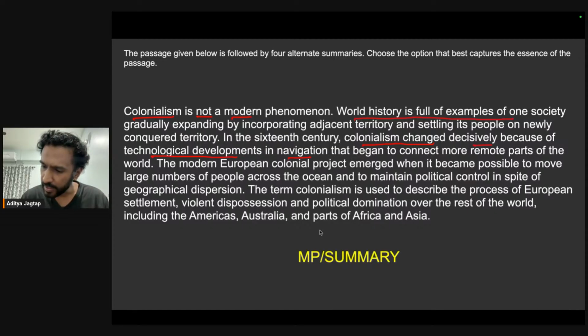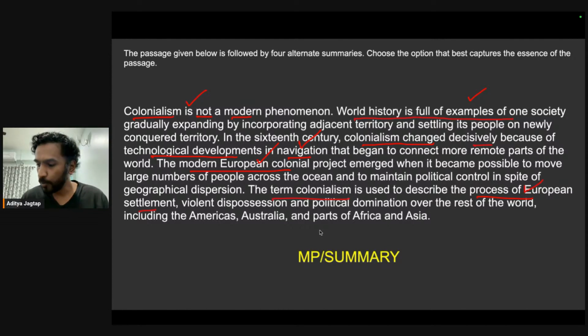Then modern European colonial projects emerged. The term colonialism is used to describe the process of European settlement in XYZ places. So colonialism is not modern. It's full of examples, how navigation changed it, and how modern colonialism is essentially European settlement in certain parts of the world.